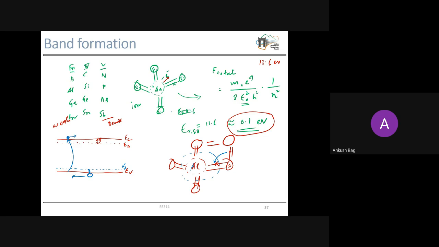How will the carrier concentration, both electrons as well as holes, change with the increase in temperature? Let us try to draw that. First, consider that we have not doped our semiconductor.